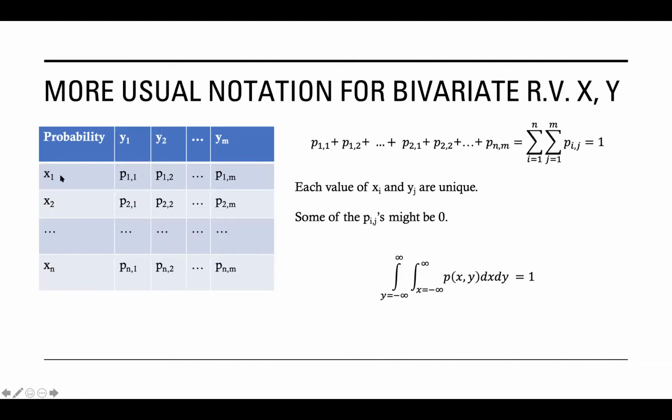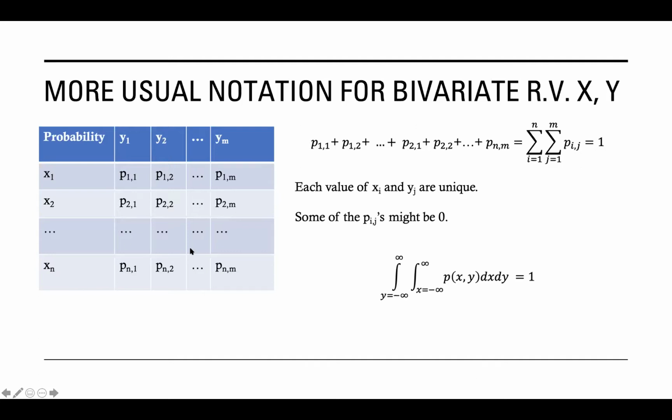And what we have written in here is the probability of a particular combination. So we're going to write P11 as the probability that x takes on state x1 and y takes on state y1. And P12 is the probability X takes on state X1 and Y takes on state Y2, and so forth.